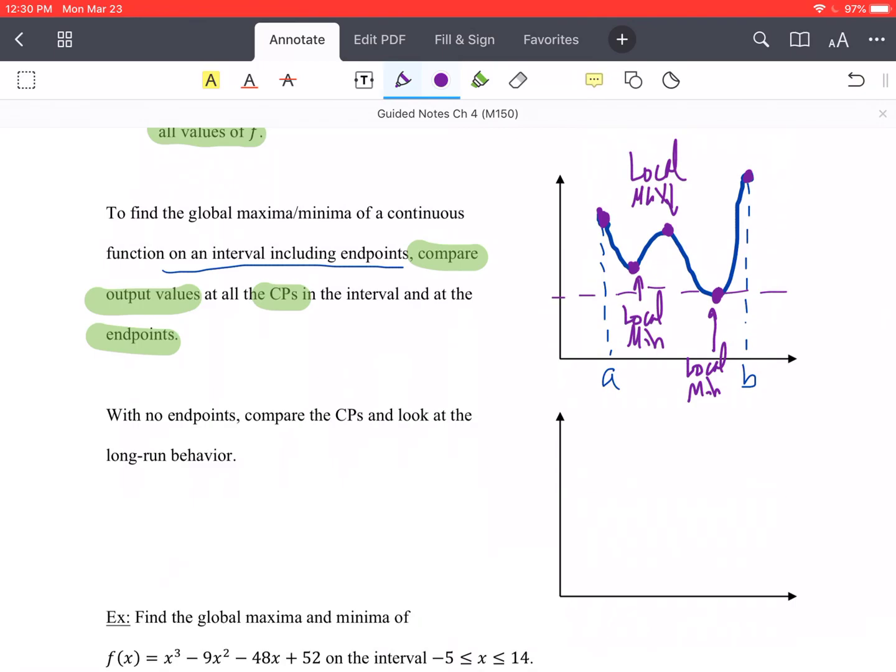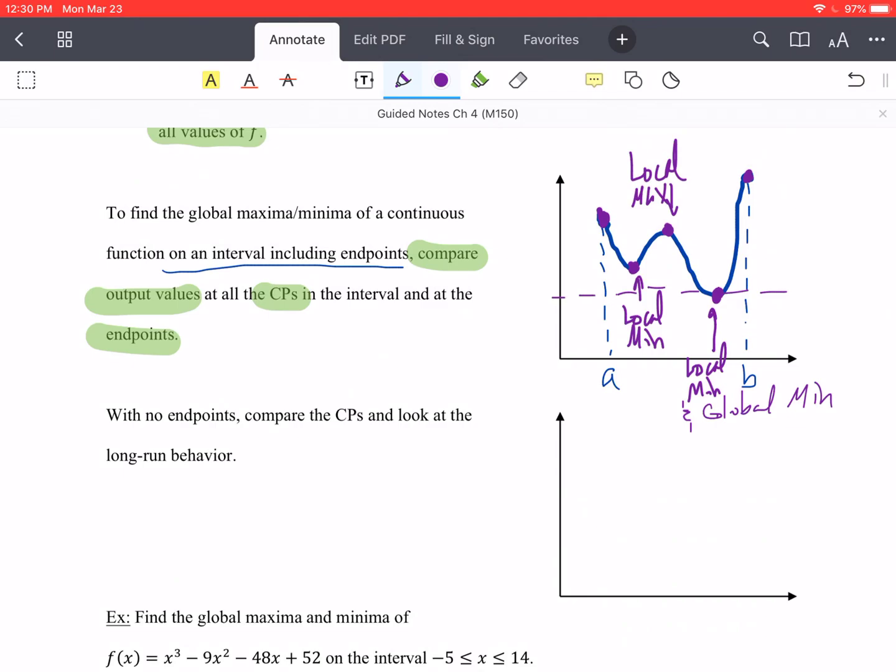So this local min is also an absolute or a global min. And it can be both. You can be a local min and a global min.